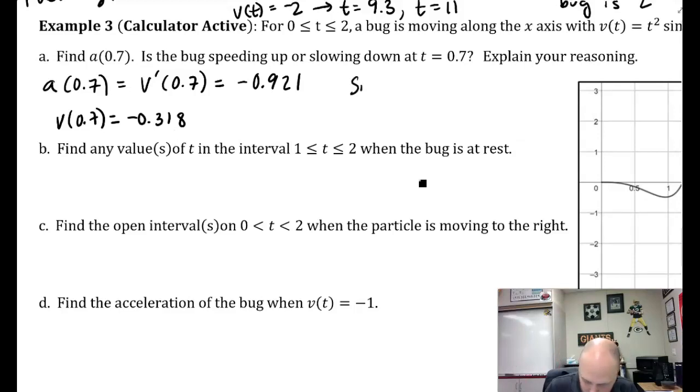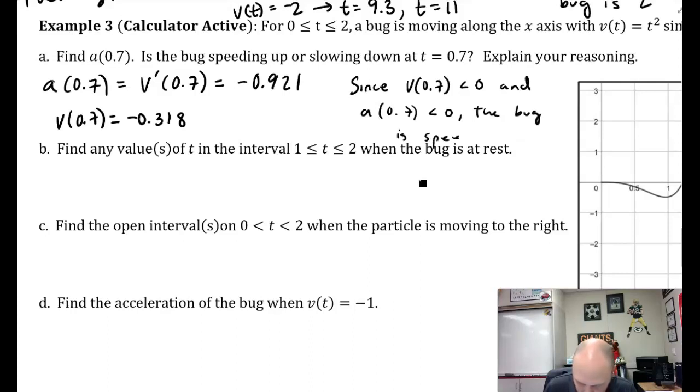Since v of 0.7 is less than 0 and a of 0.7 is less than 0, the bug is speeding up. Awesome.